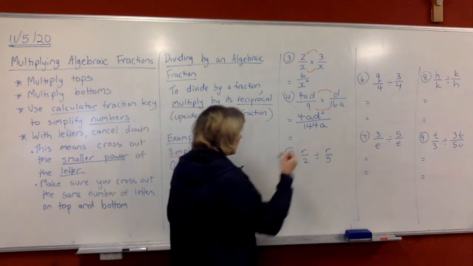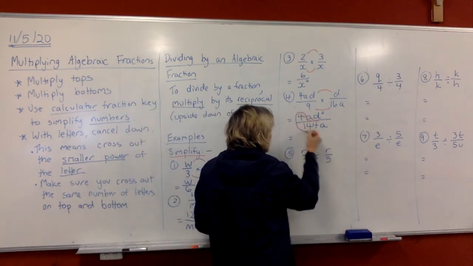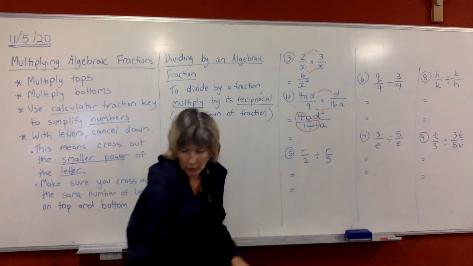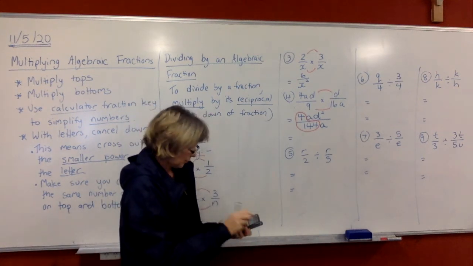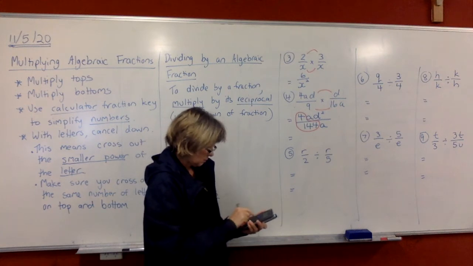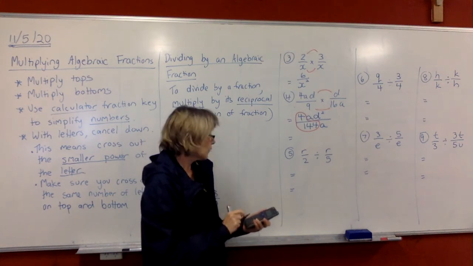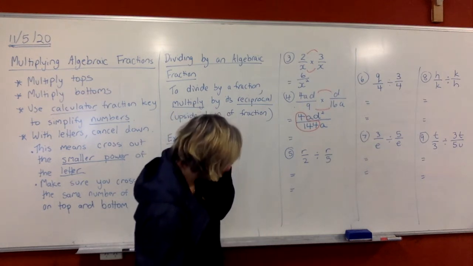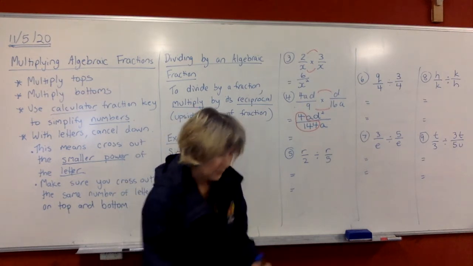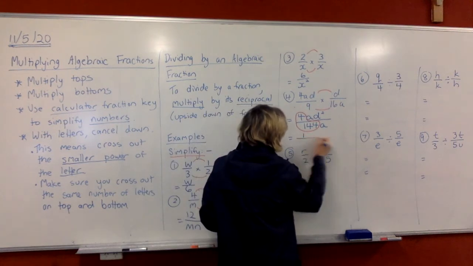So you're going to put just these numbers in the fraction key of your calculator. Type in 4 over 144 equals, and it gives you 1 over 36. So write that down, 1 over 36.